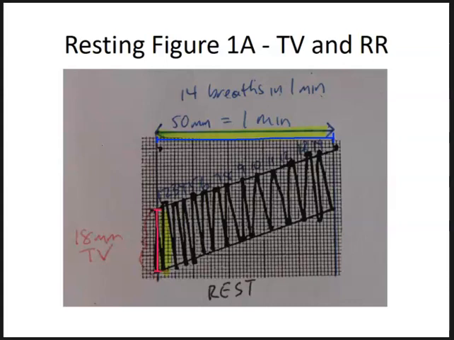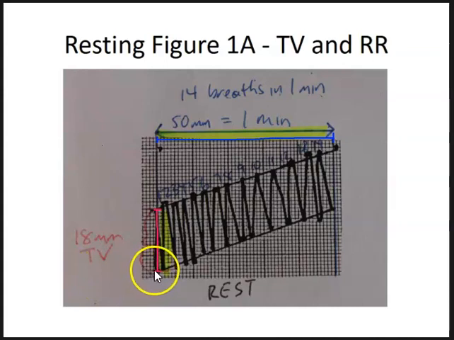So here is that first tracing at rest, okay? It's that little upper left-hand corner that we see on page 146 of your supplement. So we can measure from the bottom to the top to get our tidal volume. If it's going up, that is representing our inspiration at rest, so that is tidal volume.